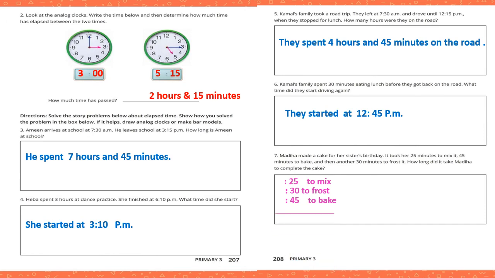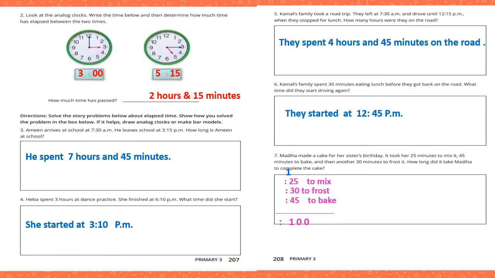45 minutes to bake. The total: ones with ones and tens with tens. Let's count. 5 plus 0 plus 5 equals 10, write 0 and carry 1. 1 and 2 equal 3, 3 and 3 is 6, 6 and 4 equal 10, so 100 minutes.